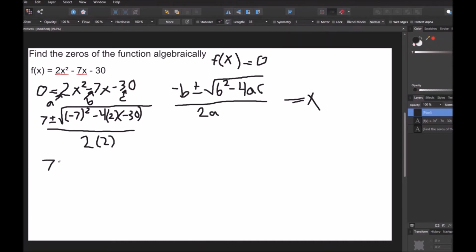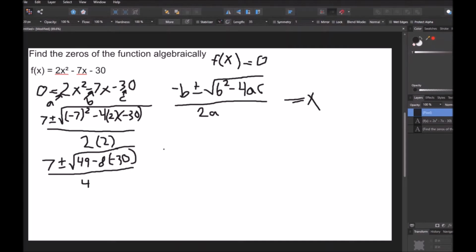So if we evaluate the different things going on here, we have 49, because that's negative 7 squared, minus 8 times negative 30, over 4.